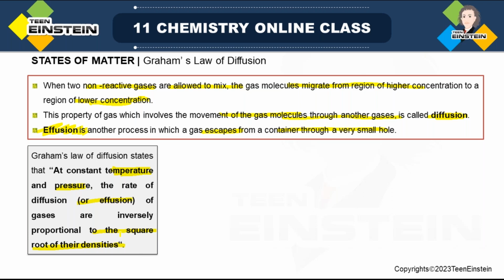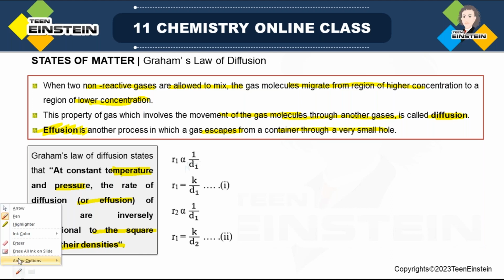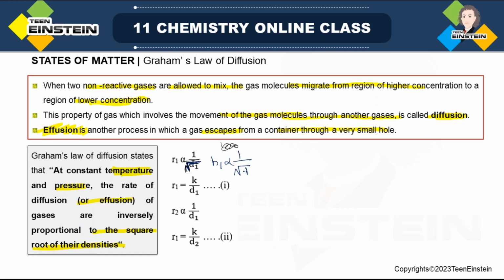And the rate of diffusion for the first gas is R1, for the second gas is R2. So in that case, as it is mentioned, it is inversely proportional to the square root of density. So R1 is proportional to 1 by root over D1.